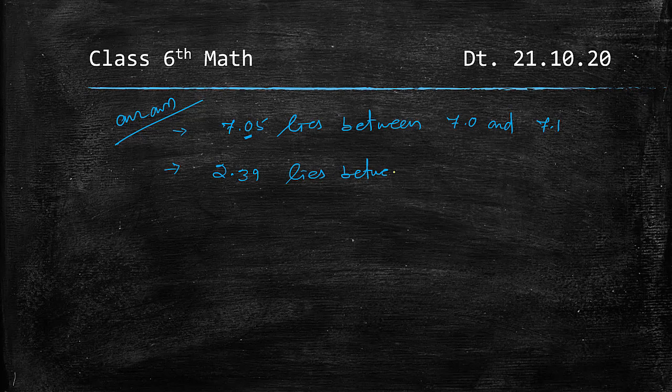It lies between 2.3 and 2.4. Suppose another number, 2.99. It lies between 2.9 and 3.0, because the next number of 2.9 is 3.0. Understood clearly? Yes. Okay.